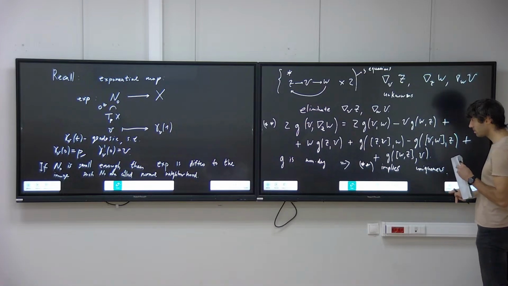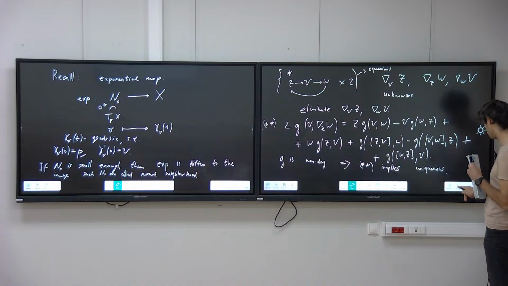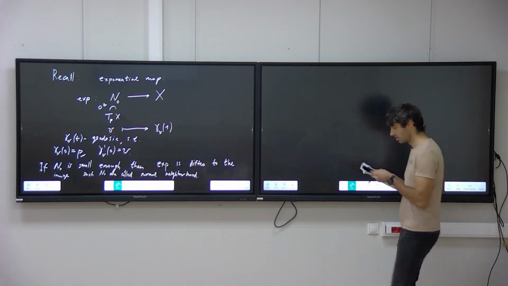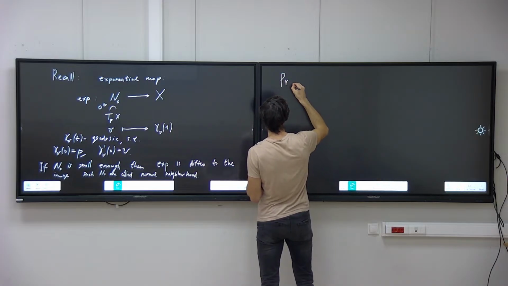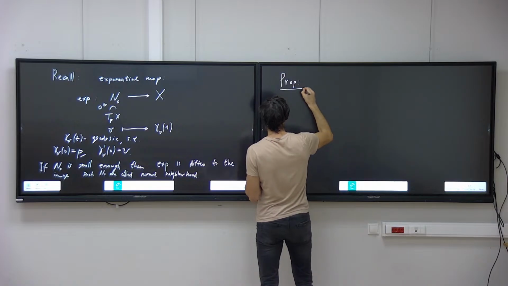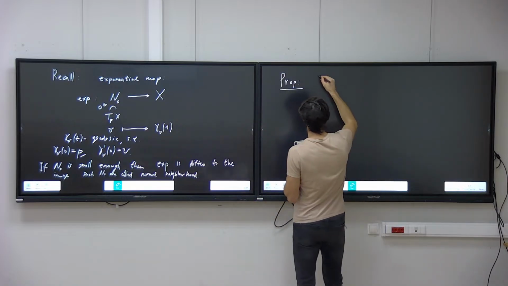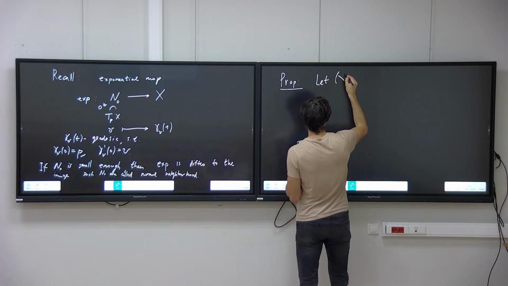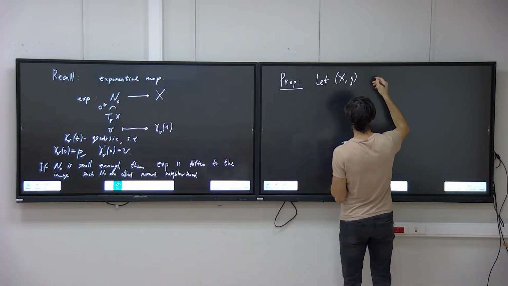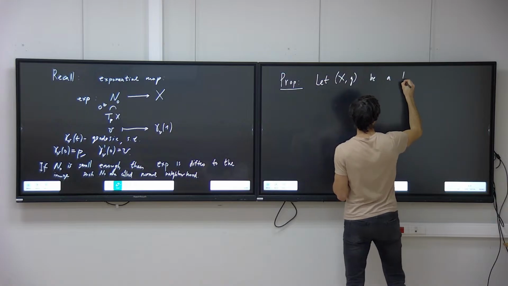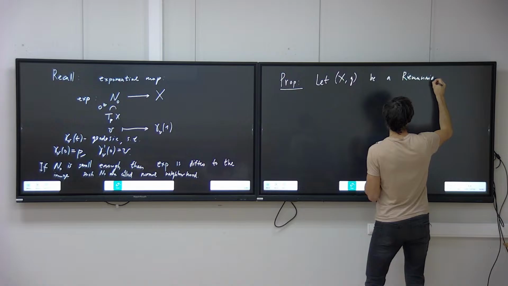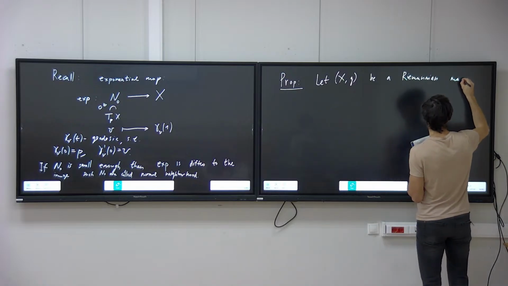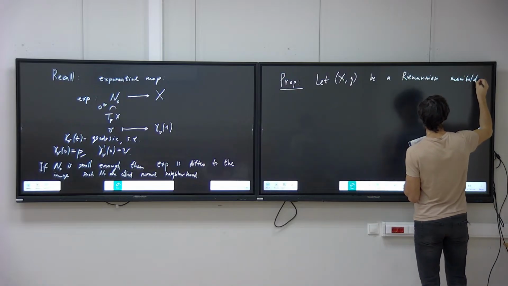All right, so now let us use that and combine it with the remaining structure on G. So proposition or theorem: let X, g be a Riemannian manifold.